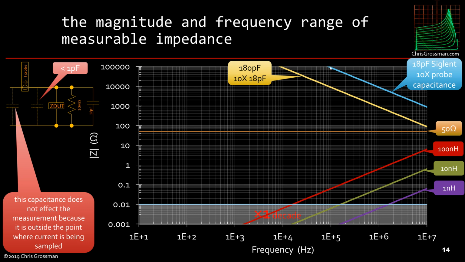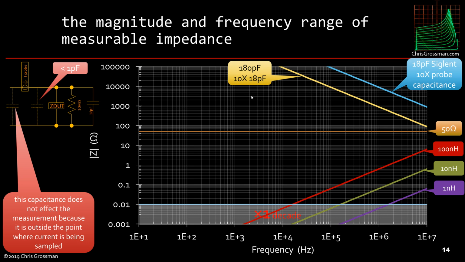But this 18 picofarads is going to limit the large impedances we can measure as we go up in frequency. And so the magnitude impedance of the probe is here. And in reality, we want to be about a decade away from that to get a clean measurement. So although the probe is 18 picofarads, we want to use the line for 10 times larger, 180 picofarads. And so we need to stay below this line here to get a good clean measurement.